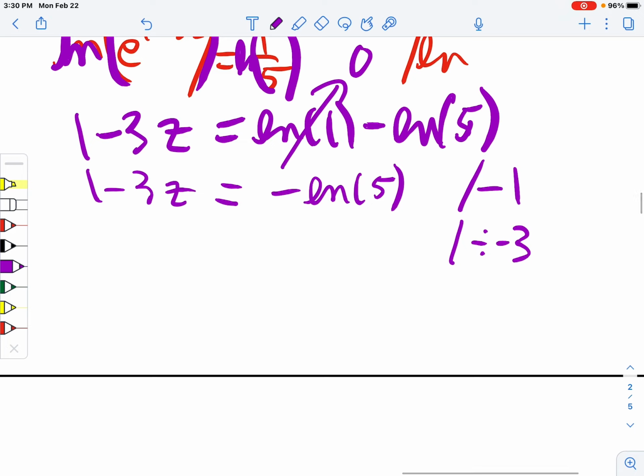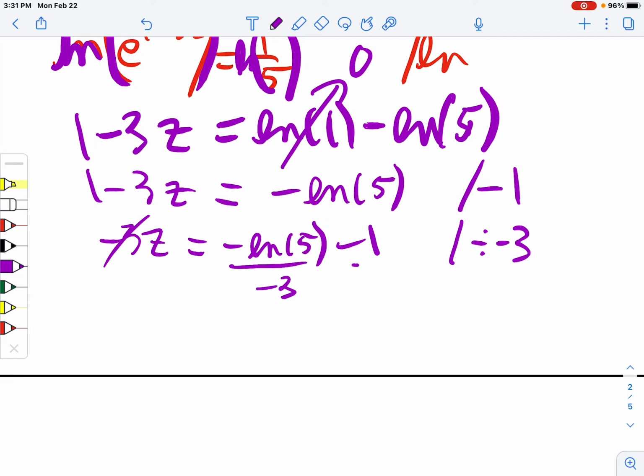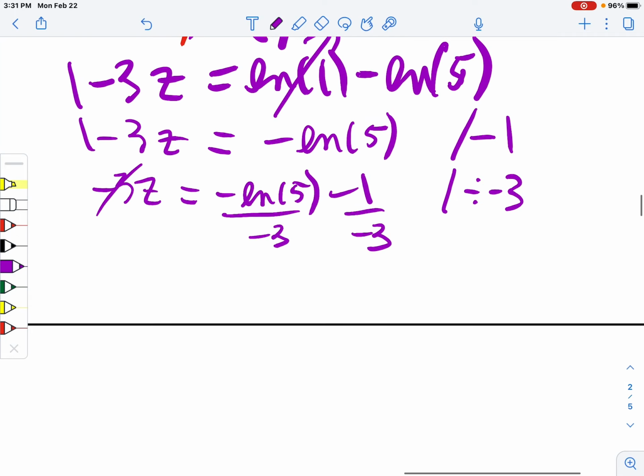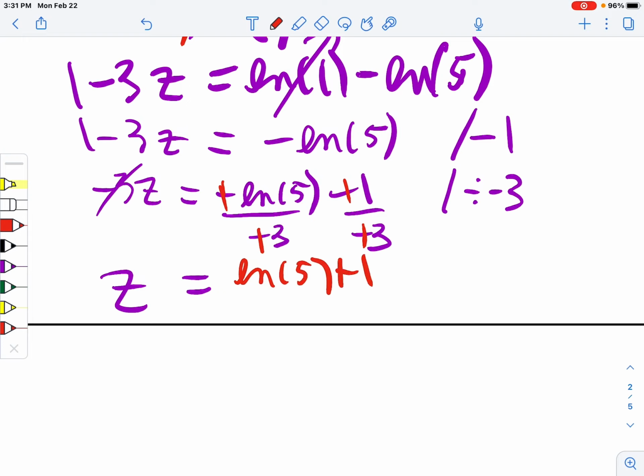So it's going to become negative 3z equals negative ln 5 minus 1. And then I need to divide each of those by negative 3. z then equals, we've got a common denominator, and 2 negatives make a positive, and I end up with ln 5 plus 1 all over 3.